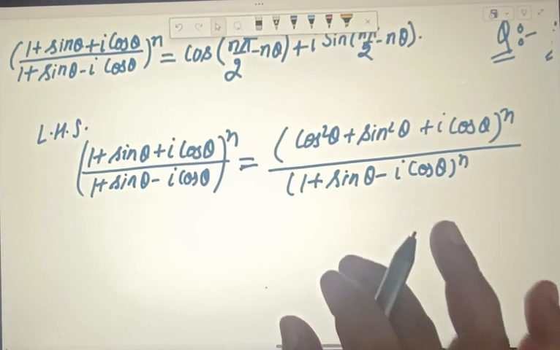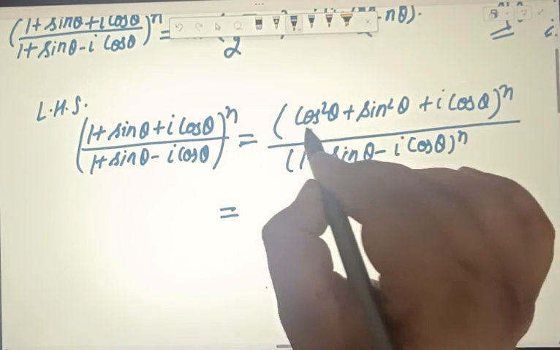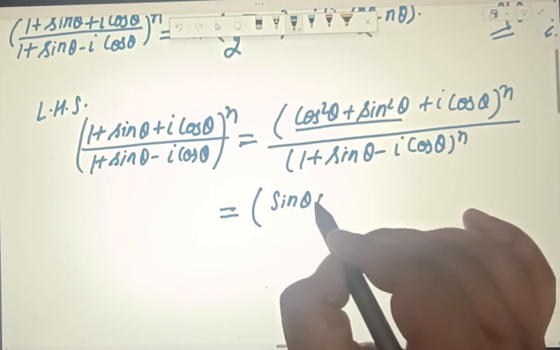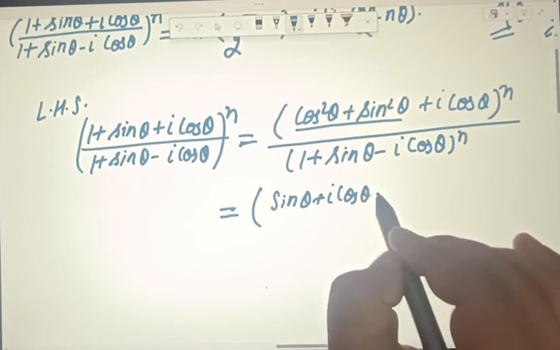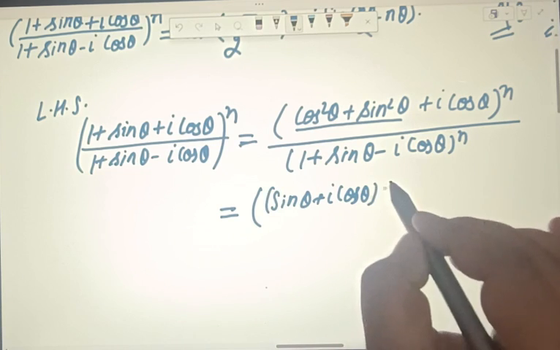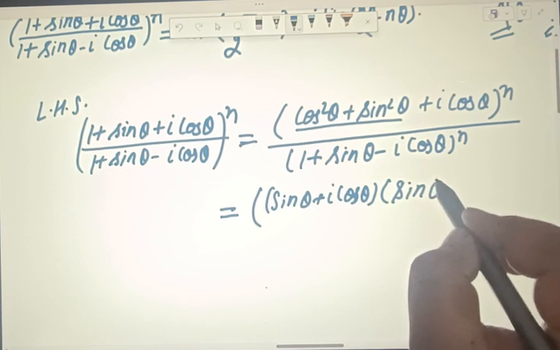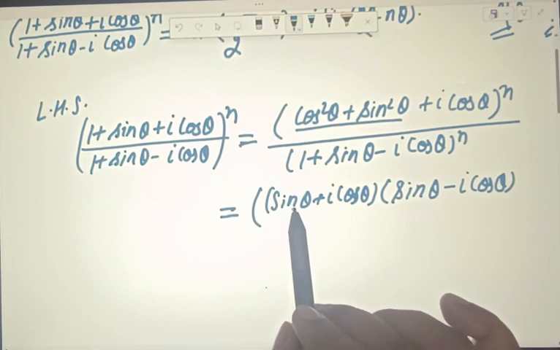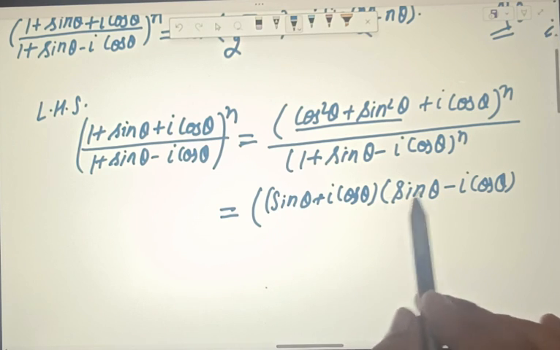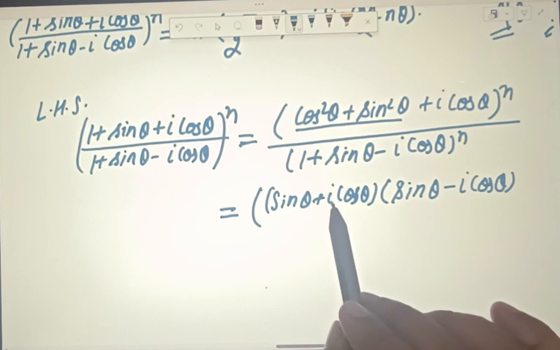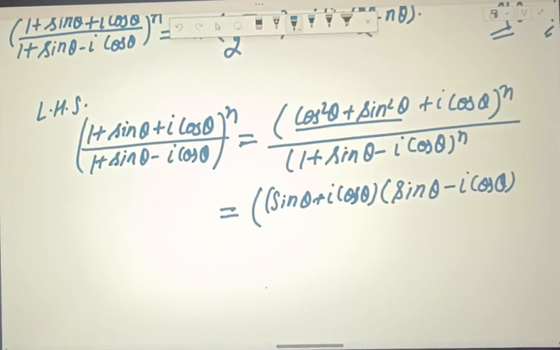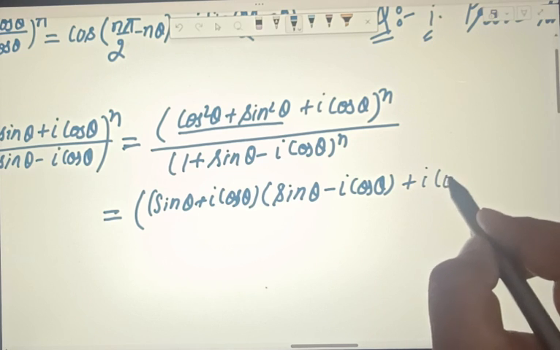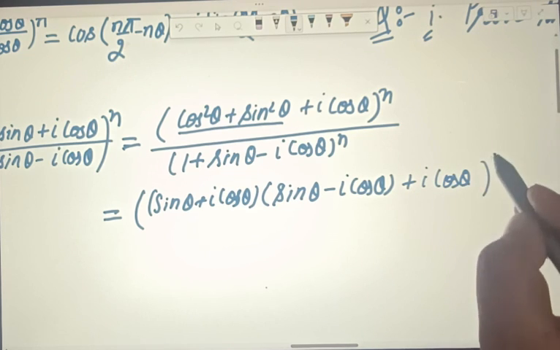In place of this term I can write sine theta plus iota cos theta times sine theta minus iota cos theta, a manipulation to make the calculation simple. When a minus b times a plus b, you get sine square theta minus iota square cos square theta. The value of iota square is minus 1, so we get the same. And it is plus iota cos theta to the whole power n.